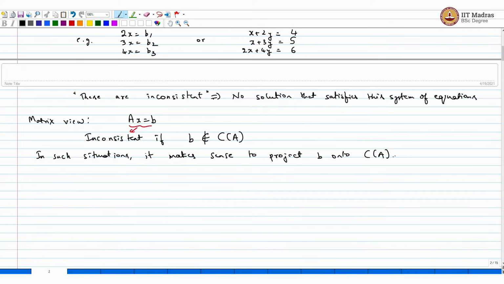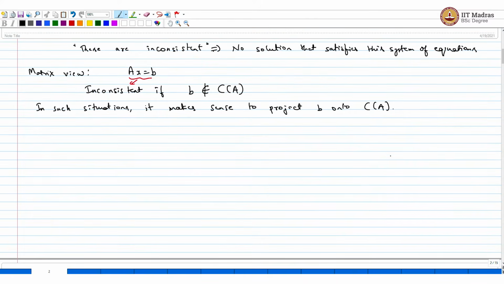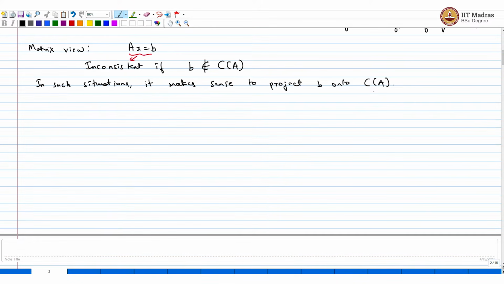In many situations you are not able to solve Ax equals B because if you look at the columns of A, B is not there. B is not a linear combination of the columns of A. It can be outside the column space. And if there is no way to solve this equation, what is the next best thing you can do? The best thing you can do is you project.